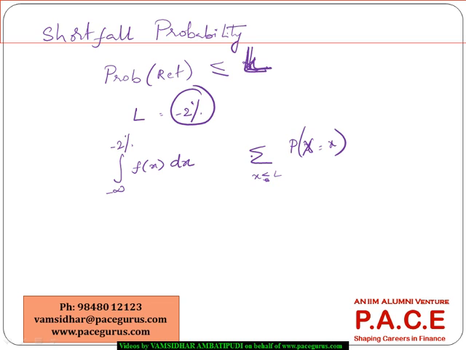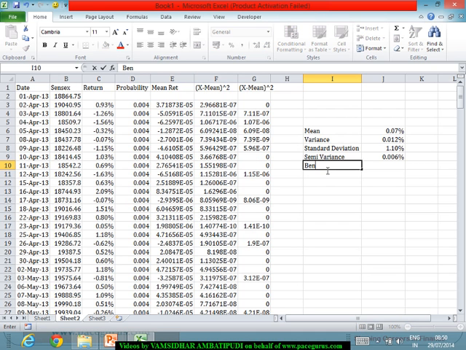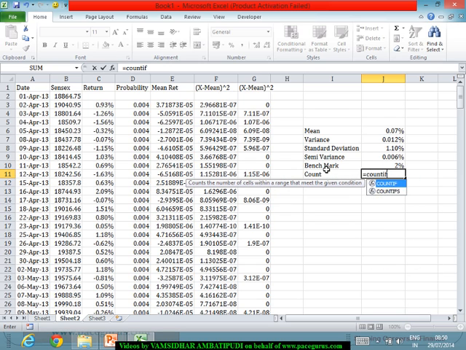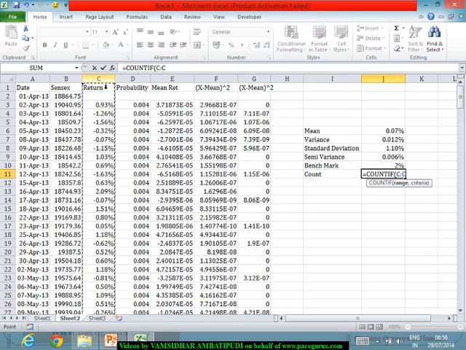I can define some kind of a benchmark, and anything that is below the benchmark constitutes my shortfall probability. So here, let's say I define my benchmark as minus 2%. Now all I am saying is I am trying to count the number of days which have fallen below the minus 2% mark.